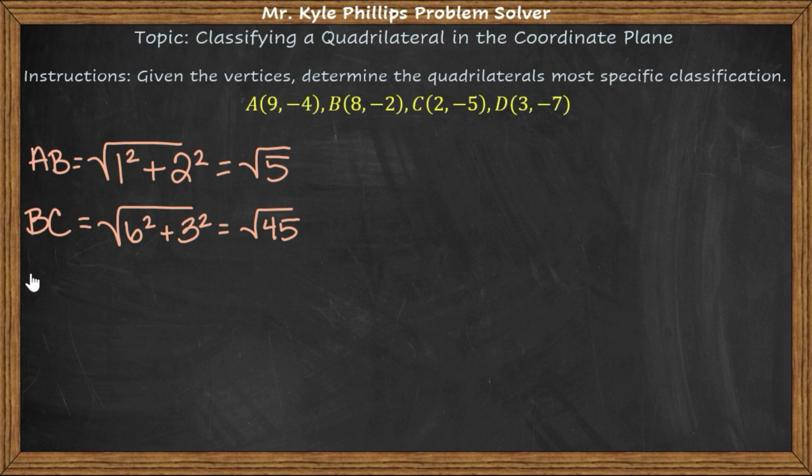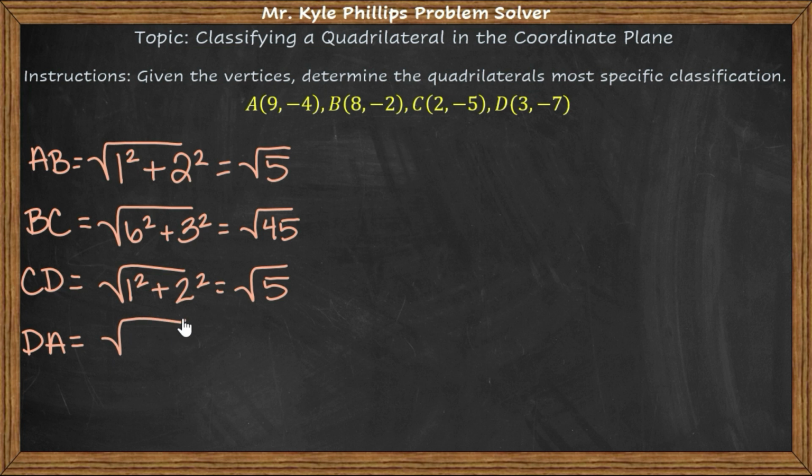So now we'll look at C and D. The distance between 2 and 3 is 1. The distance between -5 and -7 is 2. So here we're back at square root of 5, and then we're going to look at from D to A. So here the distance from 3 to 9 is 6, and the distance from -7 to -4 is 3.